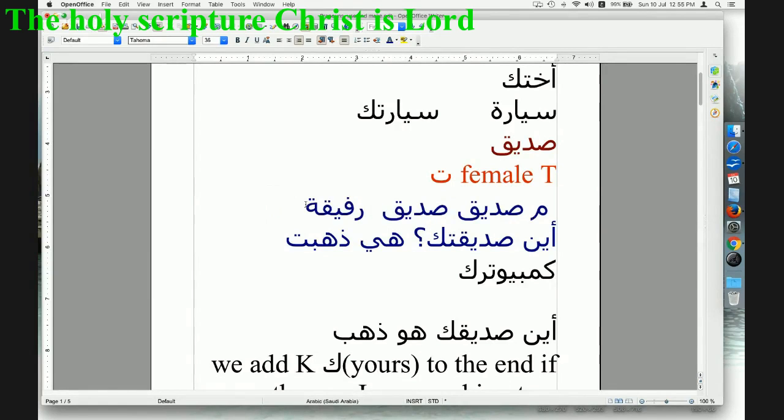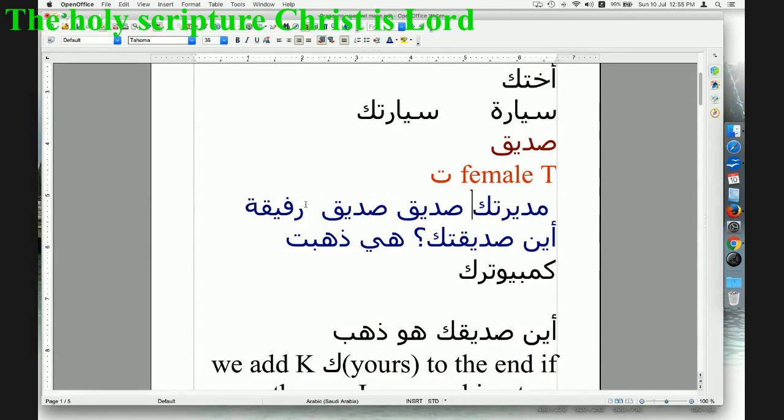Mudira, as an example, your boss, but it is a female boss. Mudira? I add the ka. I don't know why it's not adding. Mudira should be Mudiratuk. Oh, now it's working.